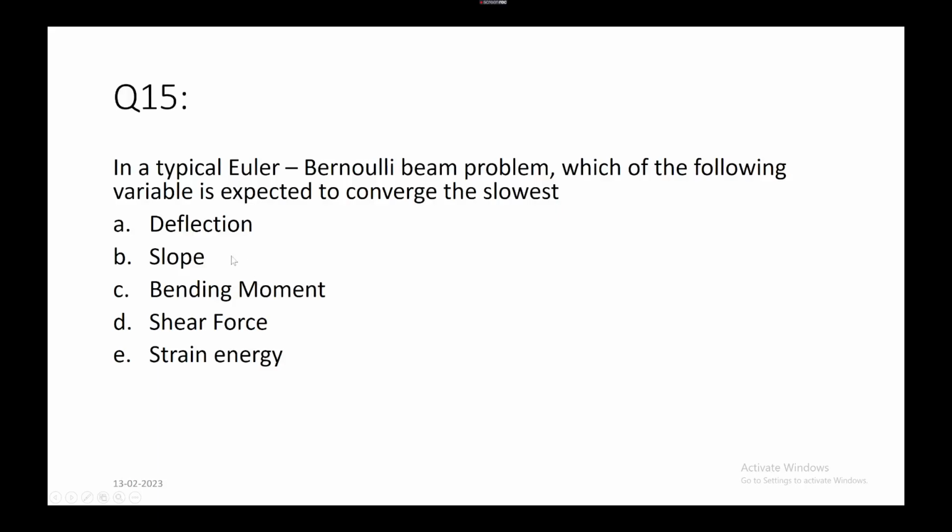So again I'll recall the differential equation. d square by dx square of E I d square u by dx square is equal to some q of x.